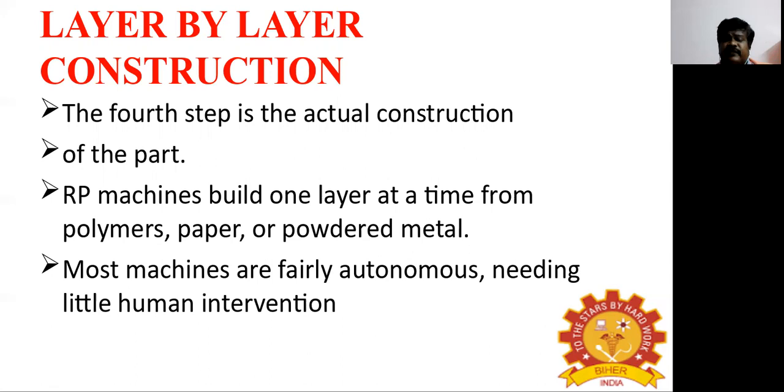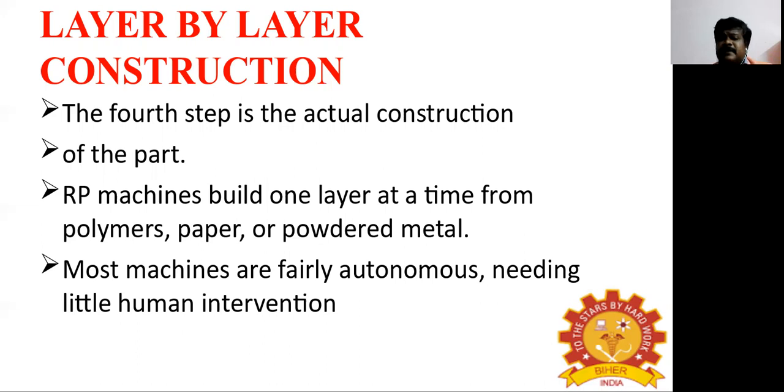If you take RP machines, we can build one layer at a time from polymers, papers or powdered metal. The fourth step involves the actual construction of the part.